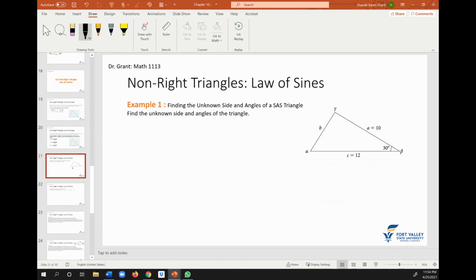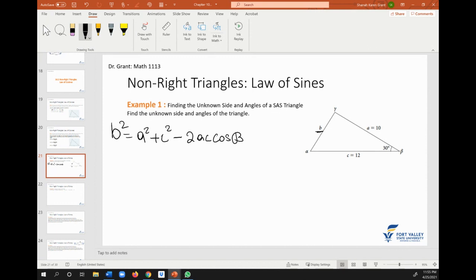Here we're asked to find the unknown side and angles of the triangle given. So in this instance, our unknown side is b, and our unknown angles are alpha and gamma. If we're looking for b, we know that we can use the formula where b squared is a squared plus c squared, so the sum of the squares of the other two sides, minus 2 times the other two sides times cosine of the angle in question, in this case, beta.